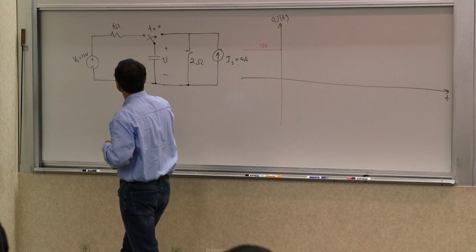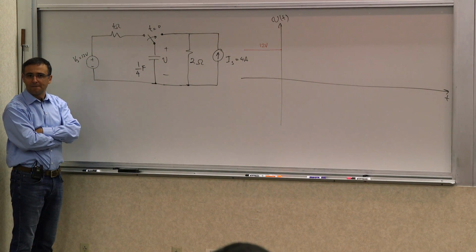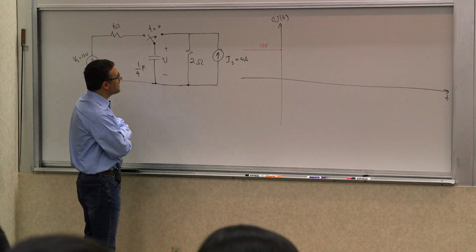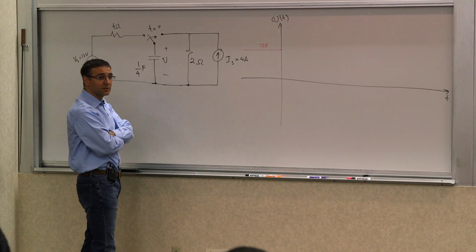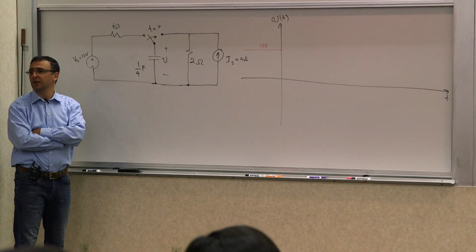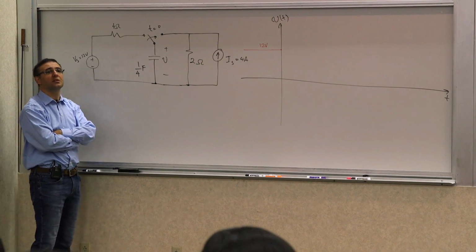Now at t equals 0, you switch to this side. What happens? So think about it. First thing you have to find out is, do you have a means of delivering infinite current? Because you want to see if there would be an instantaneous change in the voltage or not.